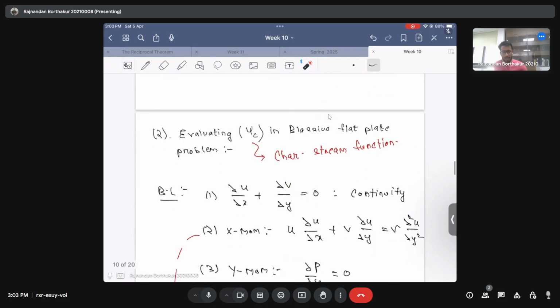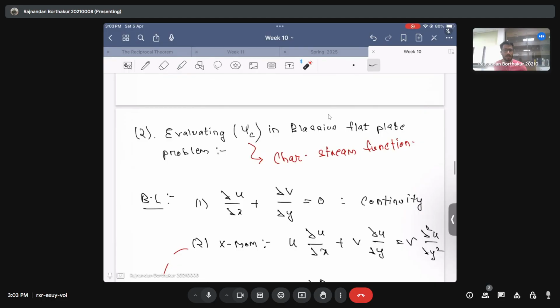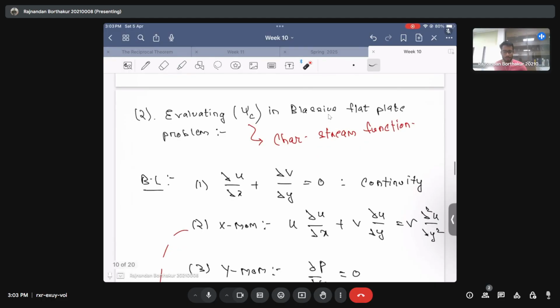Then we looked into a slightly different problem where we were asked to evaluate the characteristic stream function that was used in obtaining the solution, or obtaining the Blasius ODE.